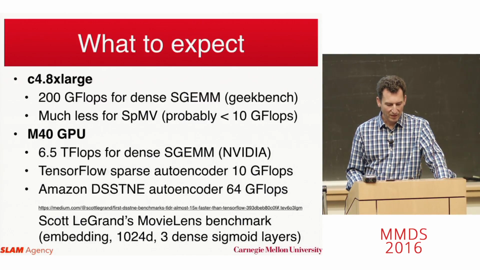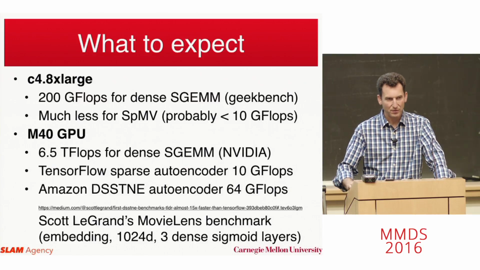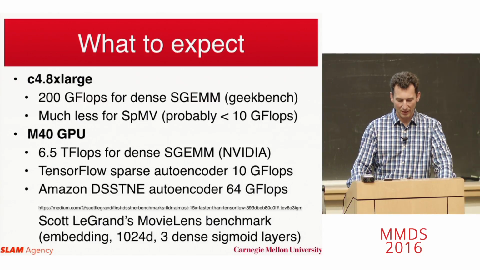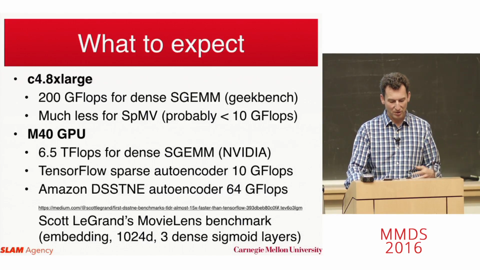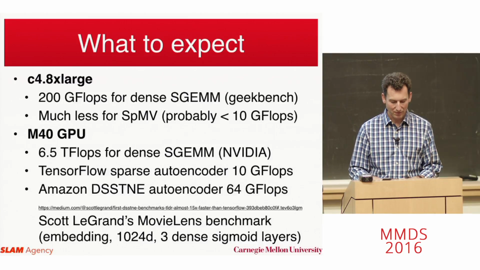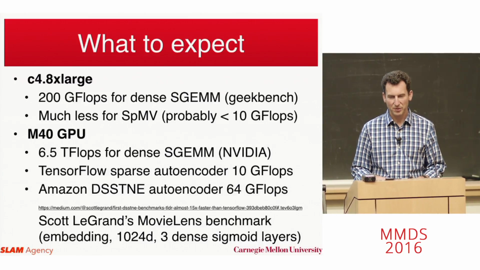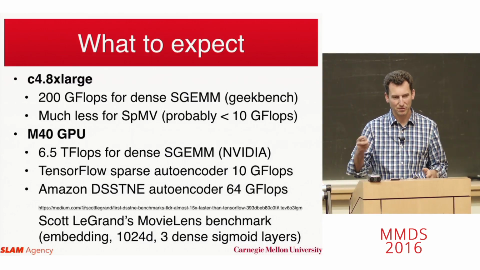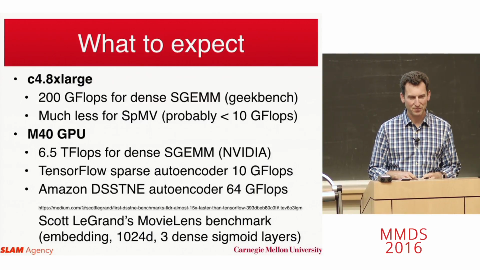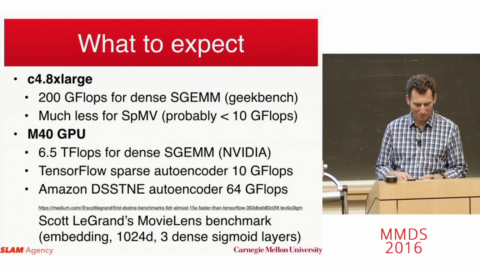Now, on the other hand, if you run a very similar model to what I just showed you, which is a sparse high-dimensional autoencoder, Scott Legrand did this in TensorFlow, then after a little bit of careful calculation, I can walk you through that offline, you get something that amounts to about 10 gigaflops. That's not very good.